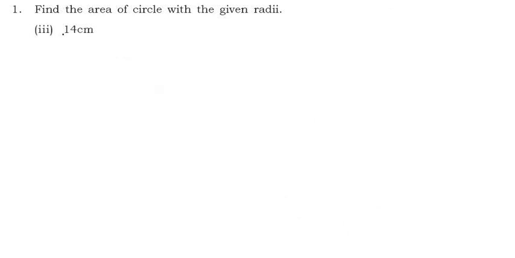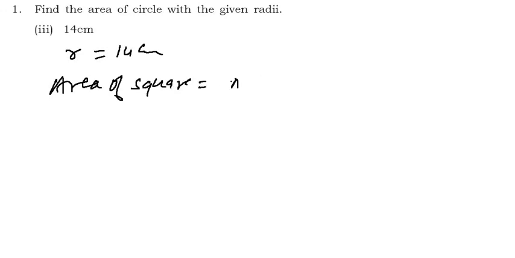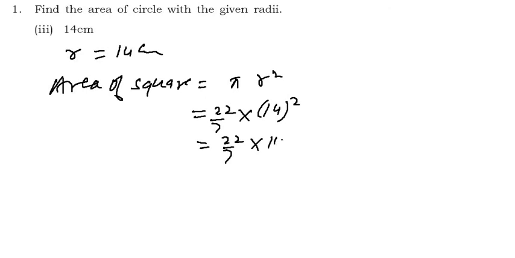Now come to the third question. Radius is given as 14 centimeters. So area of circle is equal to pi into r square. So pi is 22/7 and it is 14 square. So it is 22/7, 14 into 14. So here 7 2s are 14.